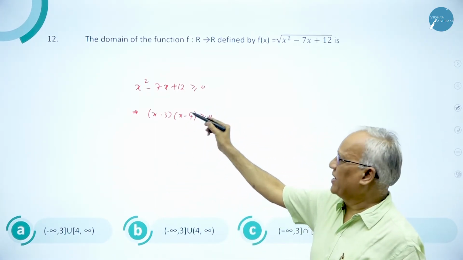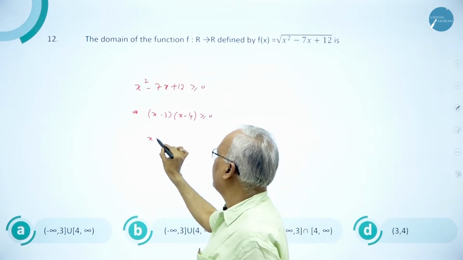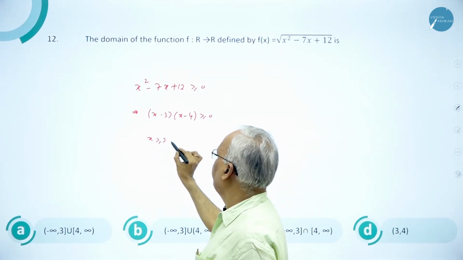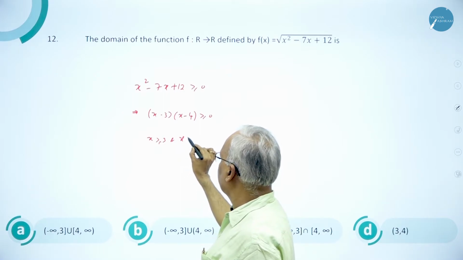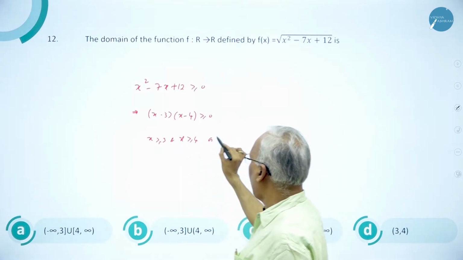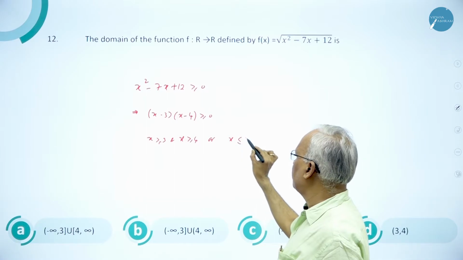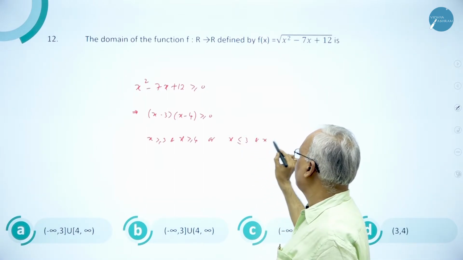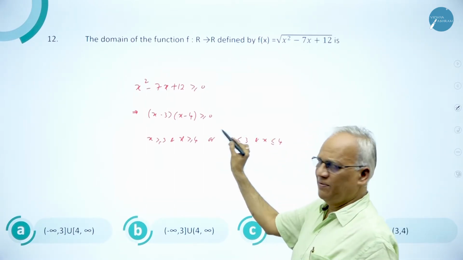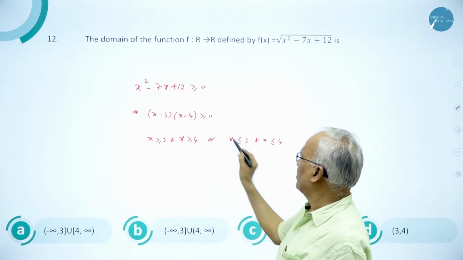Very easily you can factorize. So x is greater than or equal to 3 and x is greater than or equal to 4, or x is less than or equal to 3 and x is less than or equal to 4. Same way, both are positive or both are negative.